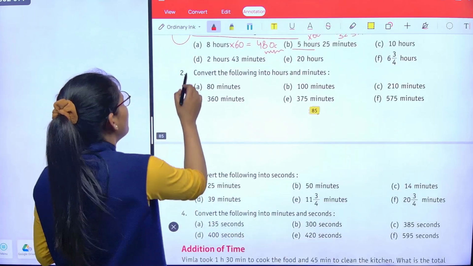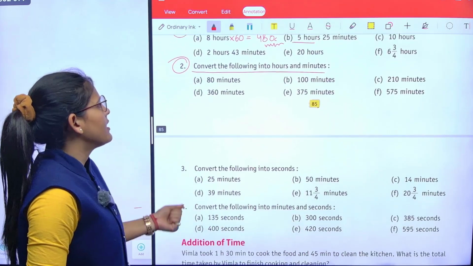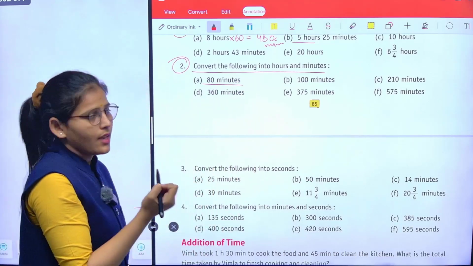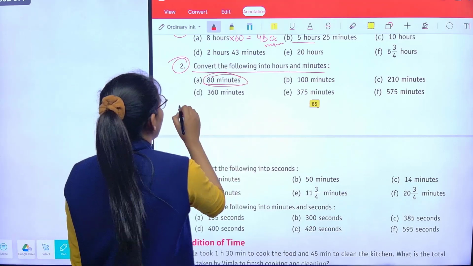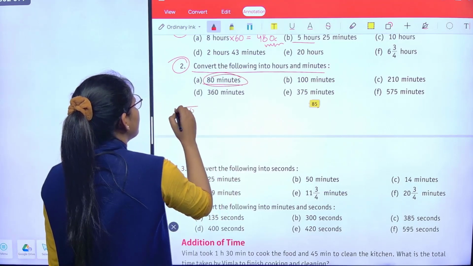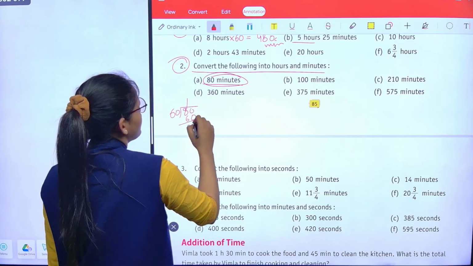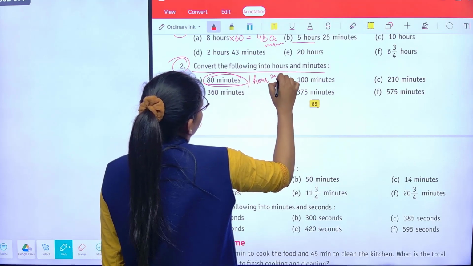Come on, question number 2. Convert the following into hours and minutes. Now class, what will we have to do? We will have to divide, that is 80 divided by 60. 6 1s are 60. Now class, 1 hour 20 minutes.